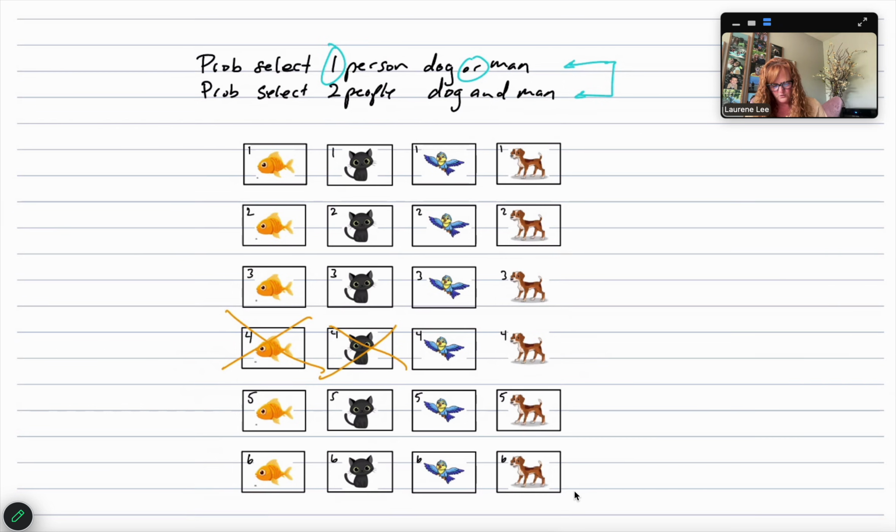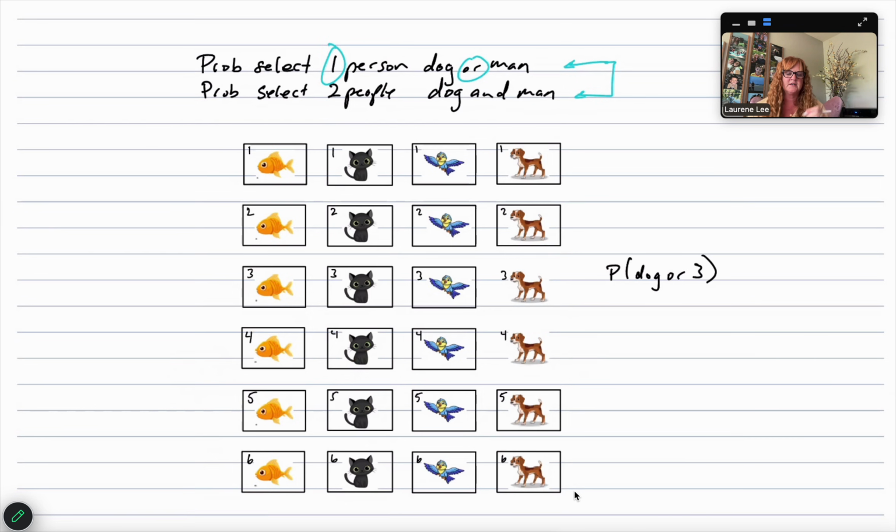So I've got 4 of each number, and here we are. So let's say, what's the probability that I get a dog or a 3?